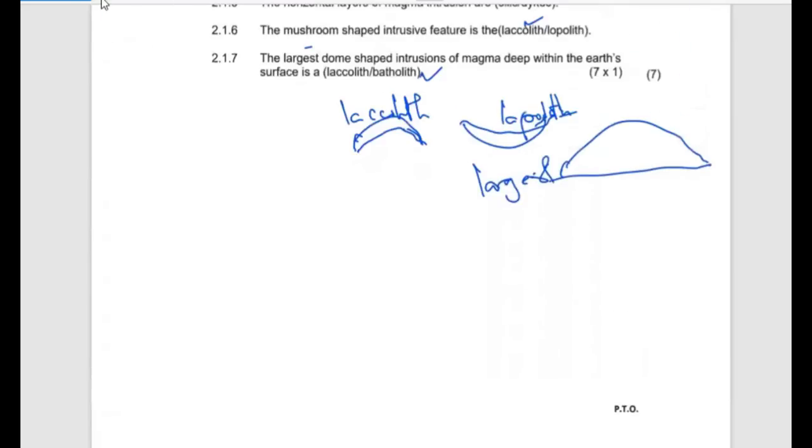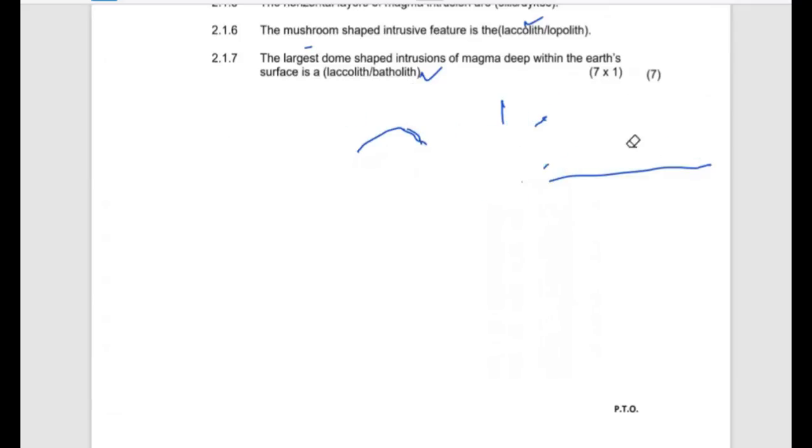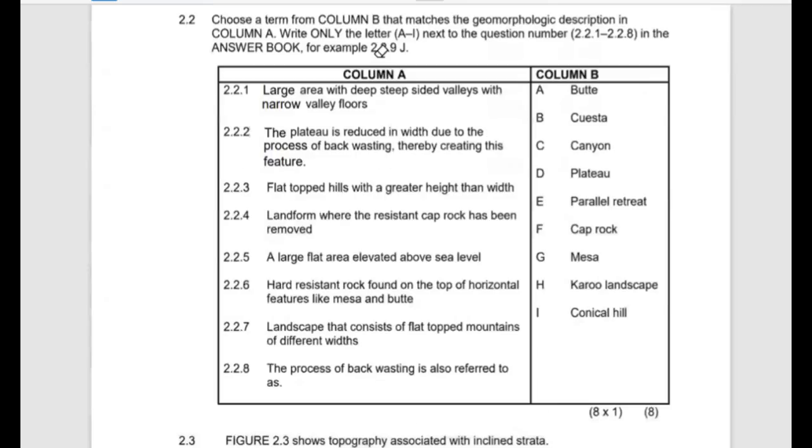We need to move on to question number 2.2 and see how best we can attempt the given set of questions. Right. Moving on to question number 2.2. It's a matching item question where we're supposed to match the description in column A with a response in column B. The largest area with deep, steep-sided valleys with narrow valleys.